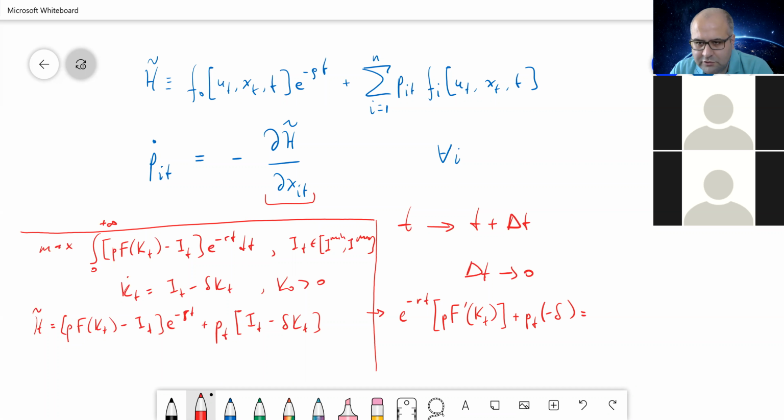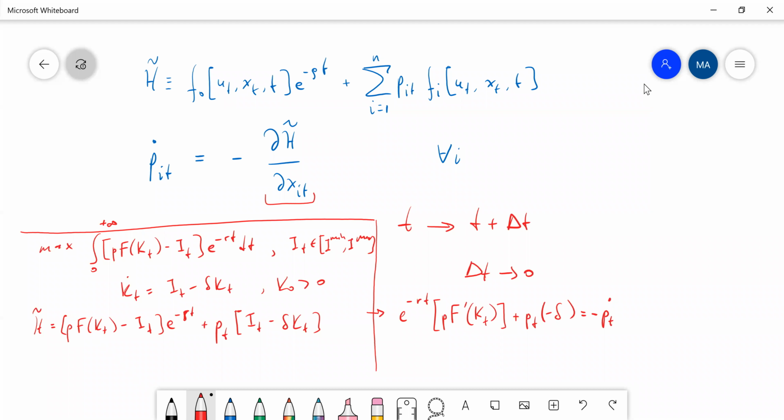Now this must be equal to minus p(t) dot. This must be equal to that. Oh, wait. I have two p's here. So this is entirely confusing. Let's make this problem a real problem. Sorry about that. So let's make it a real problem.